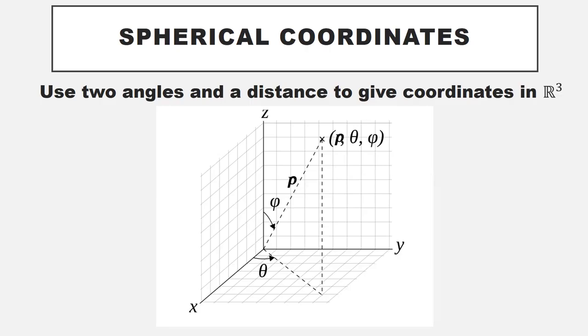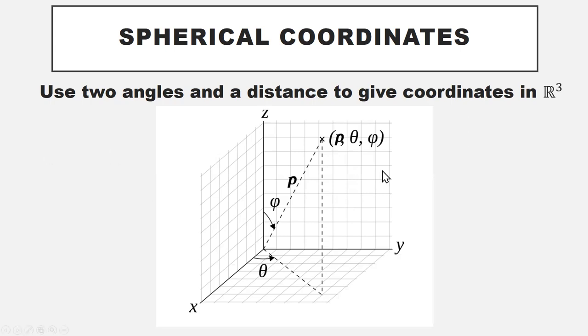Now that means we're going to have some different conversions when we do this. Oh, by the way, usually the ordering is always rho, theta, phi. So rho, theta, phi is the order of a point in spherical coordinates. So we're always doing rho first, and then theta, and then phi.